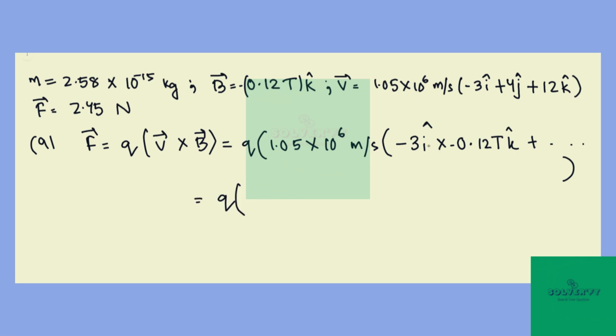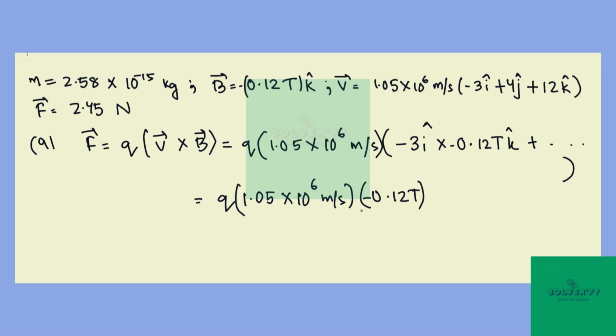To simplify, we can multiply the magnitudes of the components and then take a cross product of just the unit vectors. So this is going to be equal to 0.12 Tesla. Let's write that down.